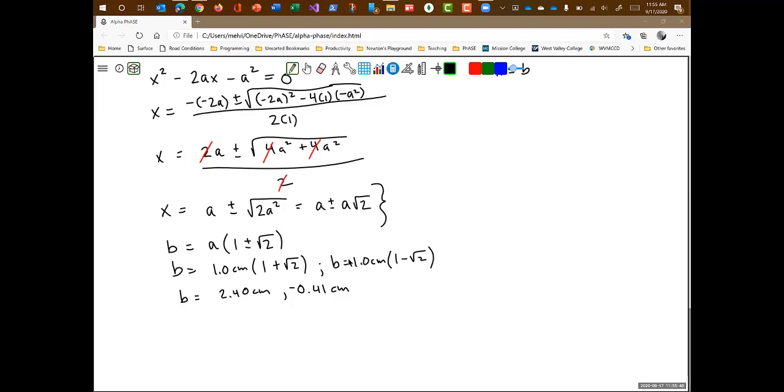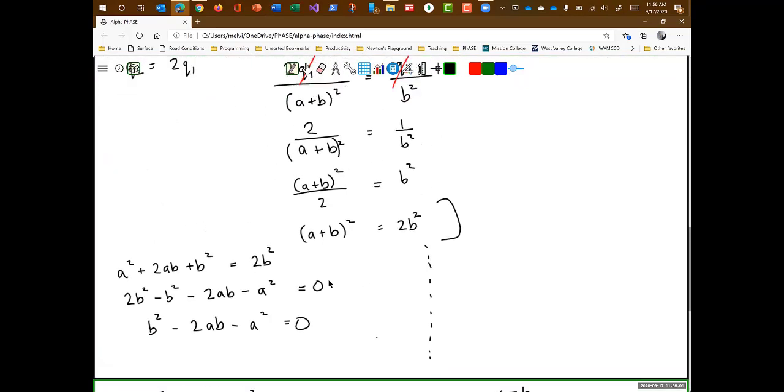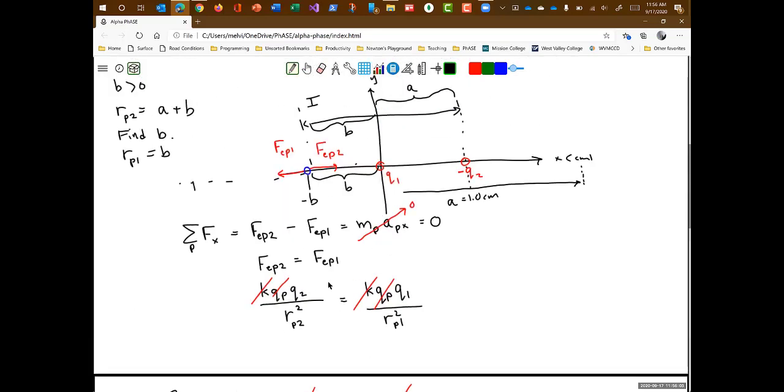So it seems like Stephen and Sophie are converging on the answer that the actual result we should use is the 2.4 centimeters.